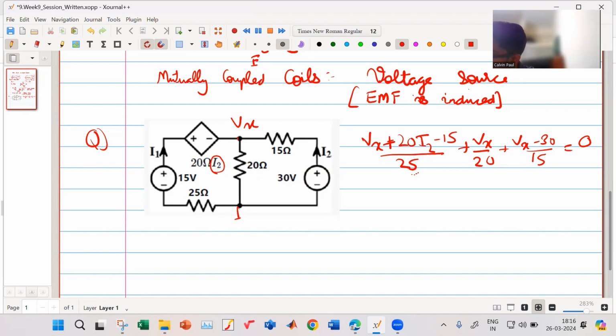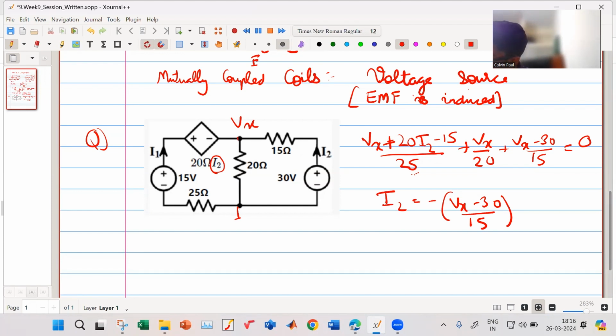So this is Vx plus 20 I2 minus 15 by 25, plus Vx upon 20, plus Vx minus 30 upon 15. Now you are telling to substitute I2. I2 is minus of Vx minus 30 divided by 15, that will be 30 minus Vx by 15.